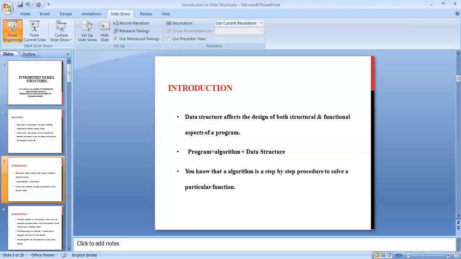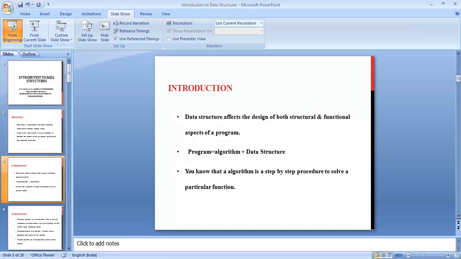One is that without a data structure there is no meaning to a program, and additionally we also need an algorithm. When you combine both algorithm and data structure, then only you will have a meaningful structure. So that is a program.